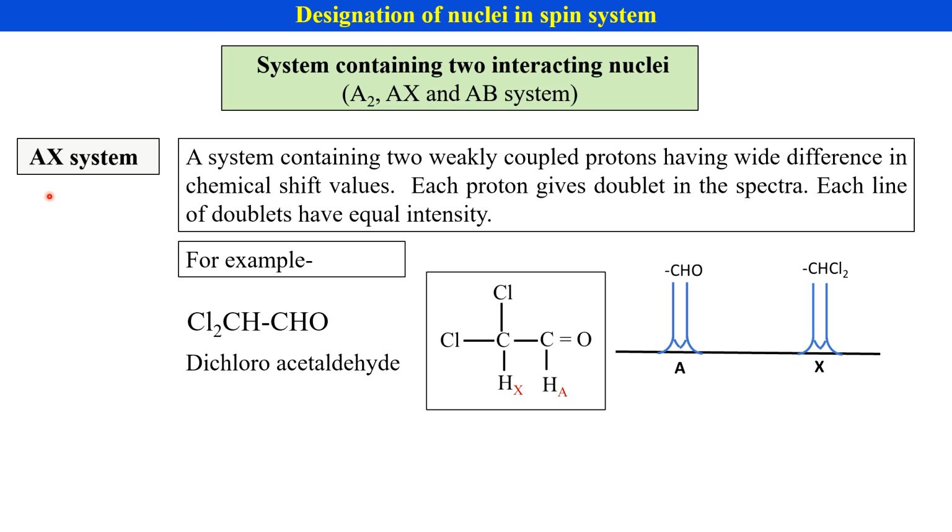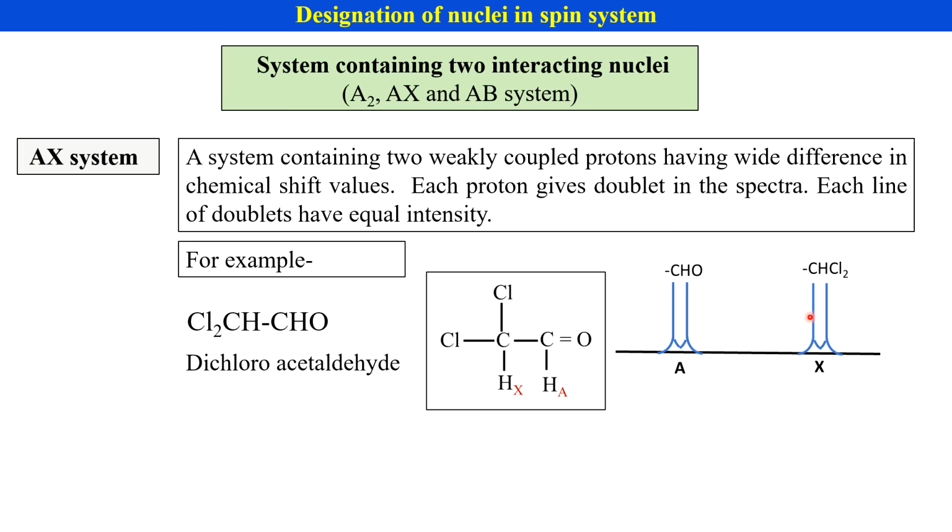Then the next type is the AX system, a system containing 2 weakly coupled protons having a wide difference in chemical shift values. These are 2 proton systems, but between the chemical shift values of A and X there is a wide difference. As they couple with each other, A gives a doublet and X also gives a doublet in the spectra.